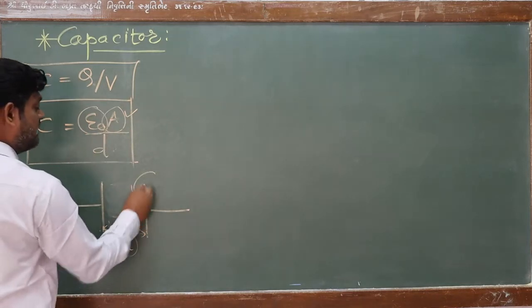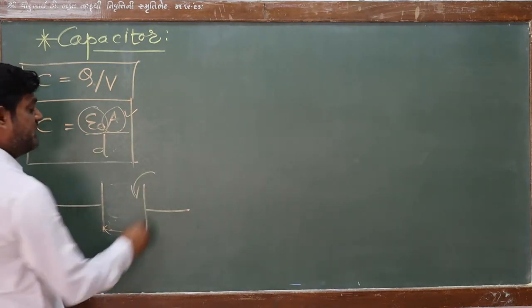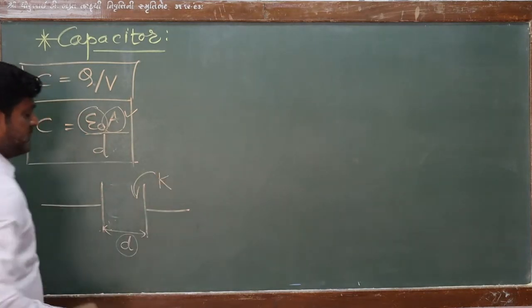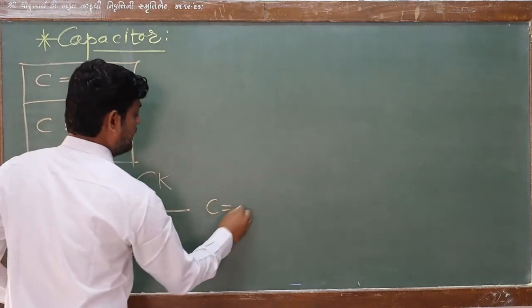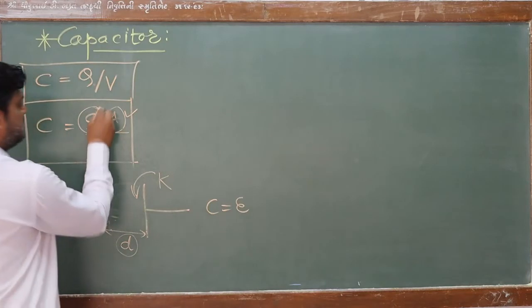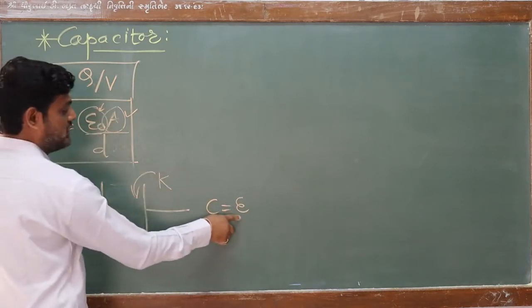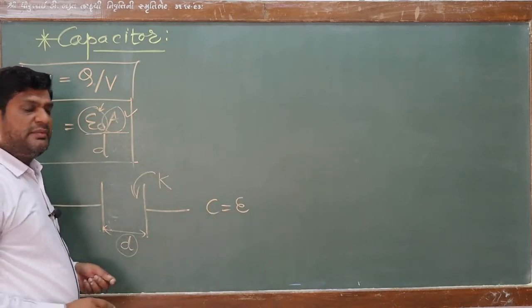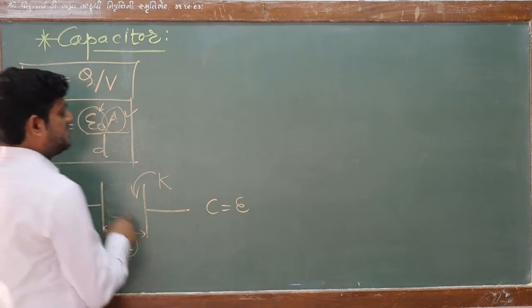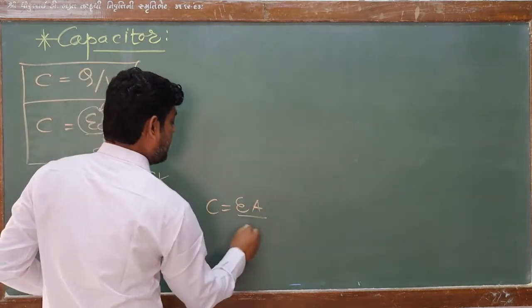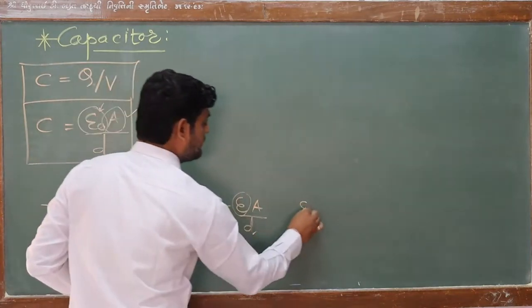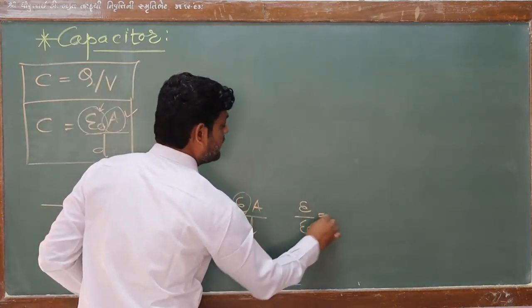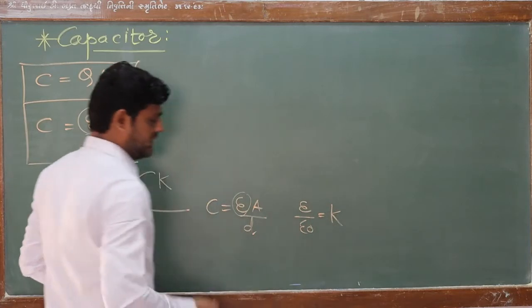If another medium is present having dielectric constant K, at that time we use the formula C equal to epsilon A by d. Instead of epsilon 0, we write epsilon because epsilon is the permittivity of the given medium. But we know that epsilon divided by epsilon 0 equal to K, dielectric constant.